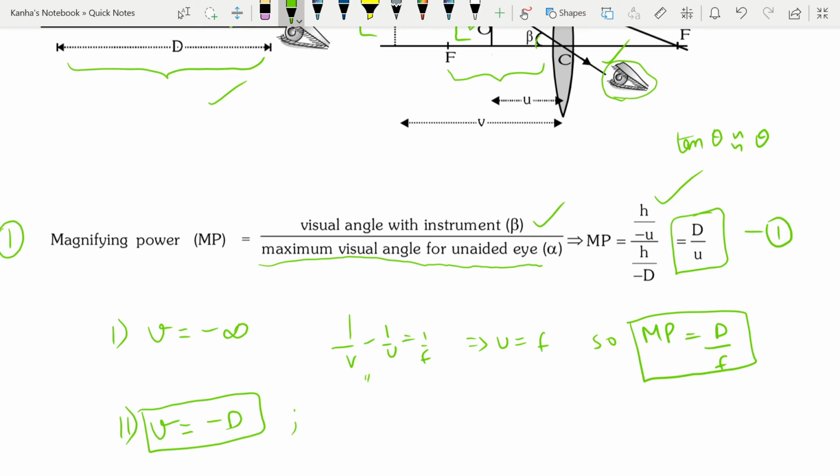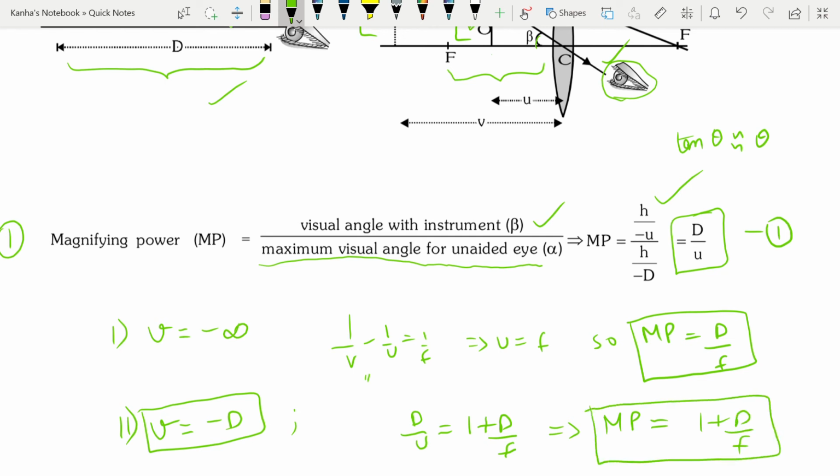I see that d by u is equal to 1 plus d by f, or I can write my magnifying power is nothing but 1 plus d by f. This is also the second important thing that you should remember from the perspective of a simple microscope.